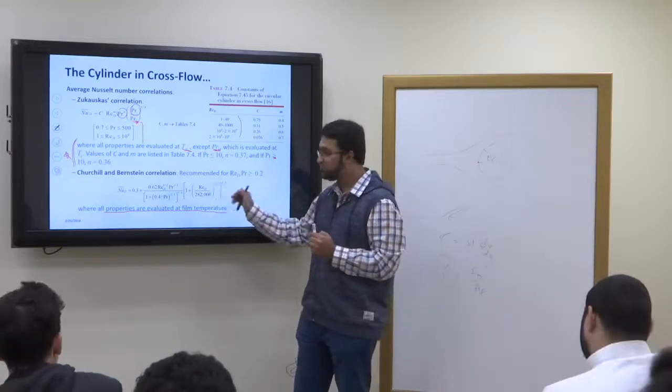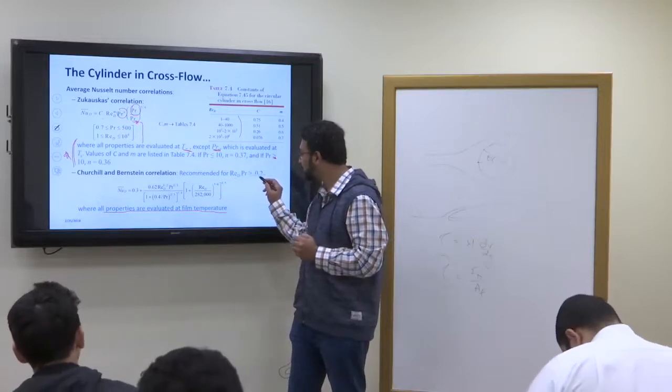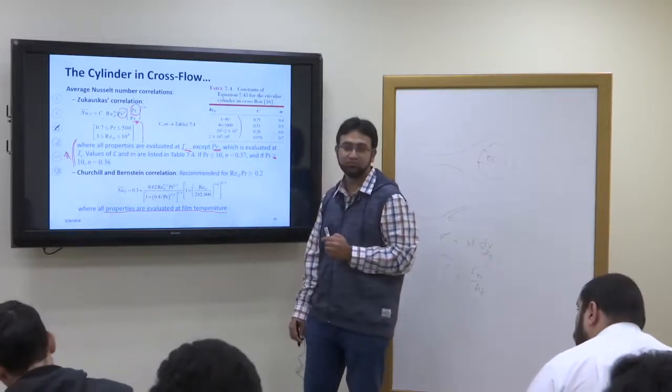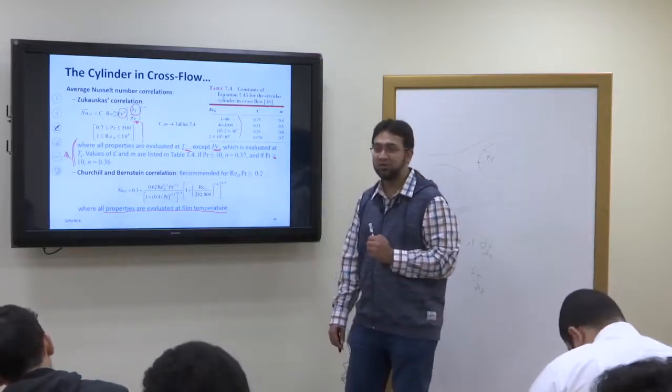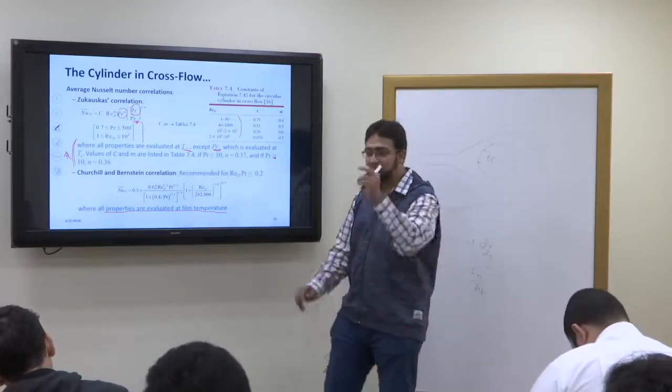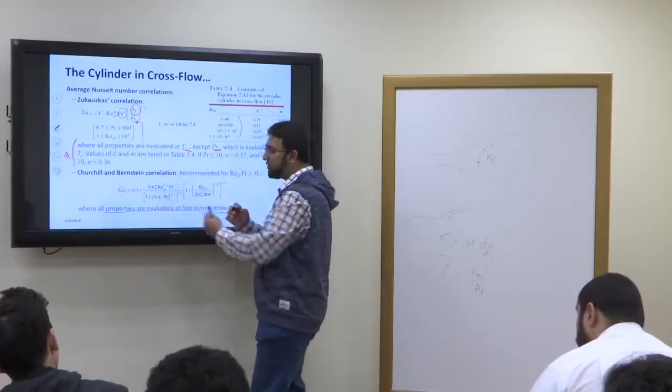And this equation is valid if the product of Reynolds number and Prandtl number is greater than or equal to 0.2. Suppose you are using this equation.